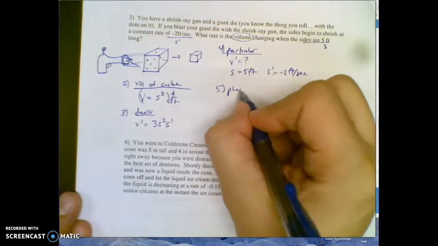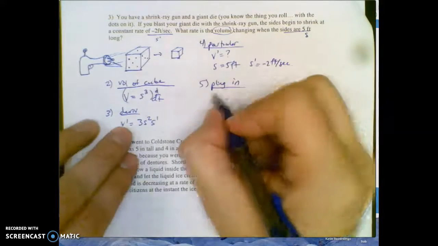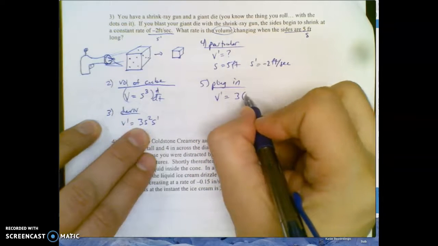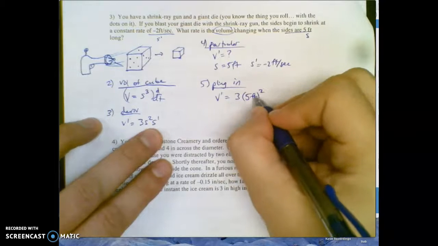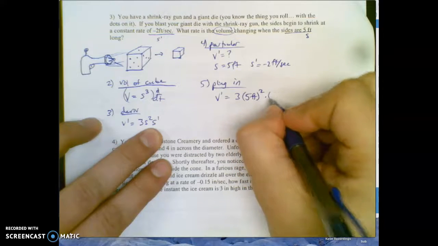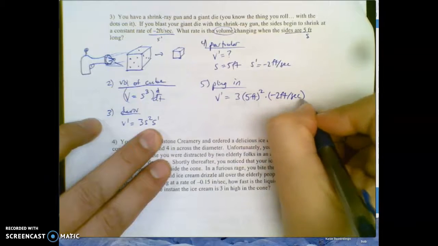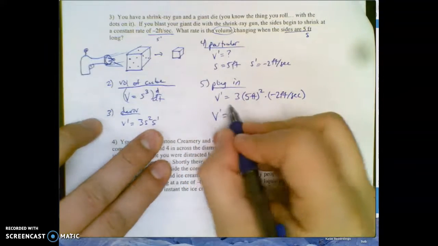Step 5 is plug in. So you start to get the groove on these. They're all kind of the same. You plug in, I don't know what V prime is. I do know that s is 5 feet, and I'm squaring it, so that'll make my units turn into feet squared here. Then when I multiply by s prime, it'll turn into cubic feet per second, which is awesome because that's what it should be for volume.